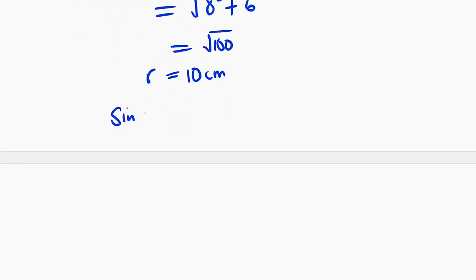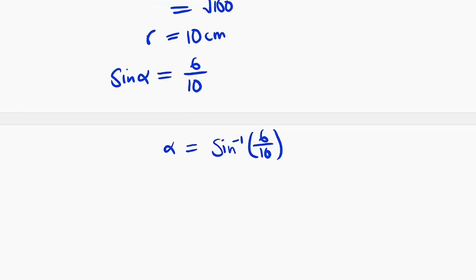So sine alpha is equal to the opposite, which is 6, divided by the hypotenuse, which is 10. To find alpha, we take sine inverse of both sides. Therefore, alpha is equal to the sine inverse of 6 divided by 10, and alpha is approximately equal to 36.9 degrees.